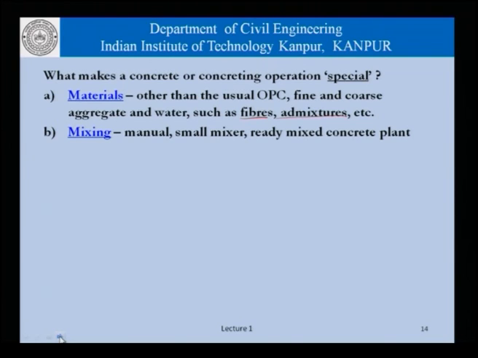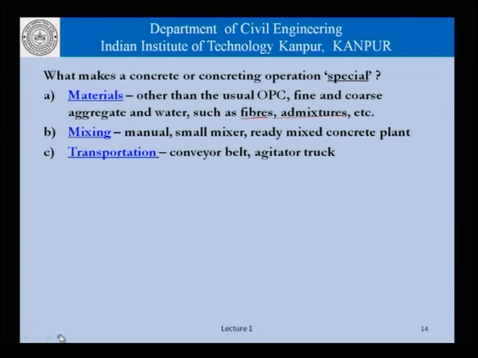It could be mixed manually, which is done for very small projects or very small applications. We could use a small mixer that we often do in the laboratory studies, and then there is a ready mix concrete plant. So the mixing that is done in any of these places is quite different, and that makes the concrete, for the same ingredients and for the same proportion, the properties will be different because the mixing process is different.